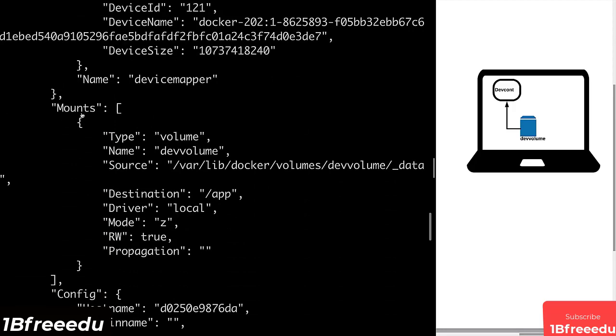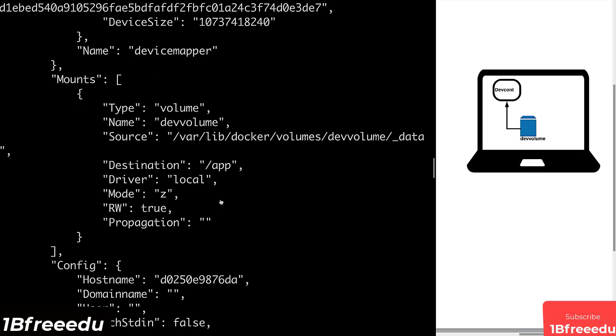And we can see under mounts, we have the type as volume. Its name is dev volume. Its source is going to be that internal local storage located at /var/lib/docker/volumes/dev-volume/_data. And its destination is inside of our container in our app directory.